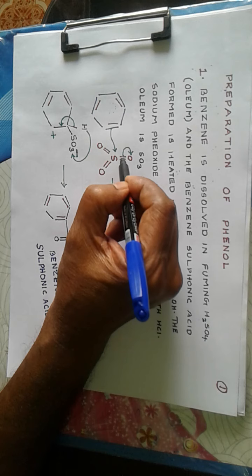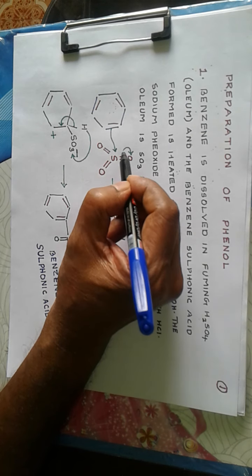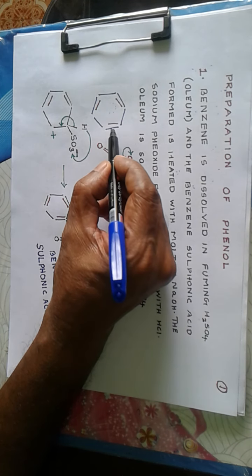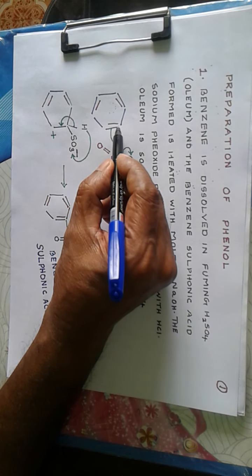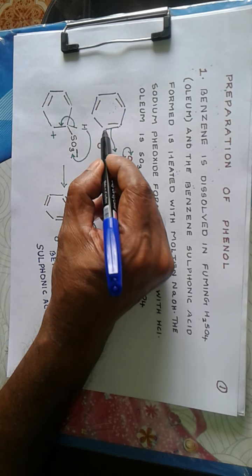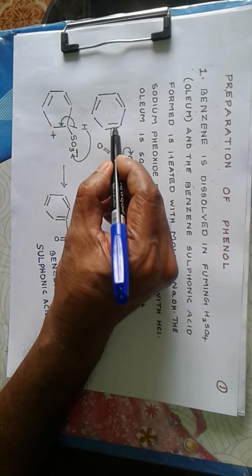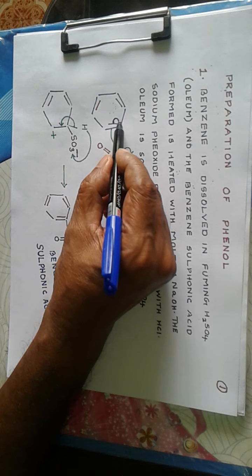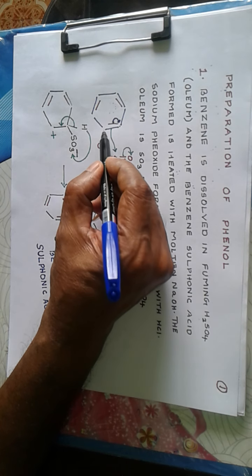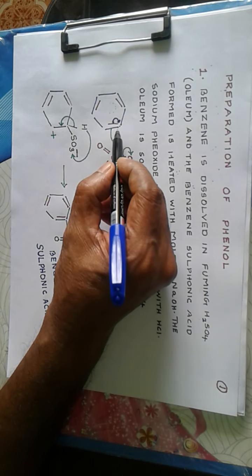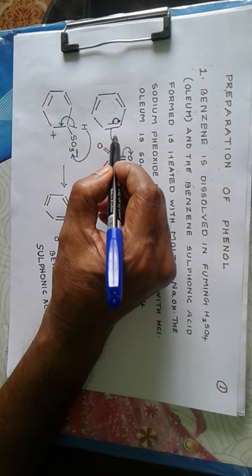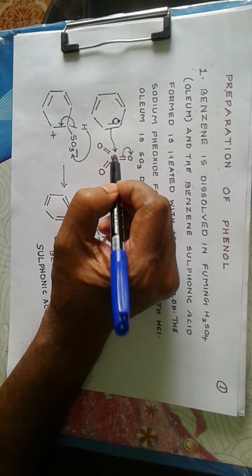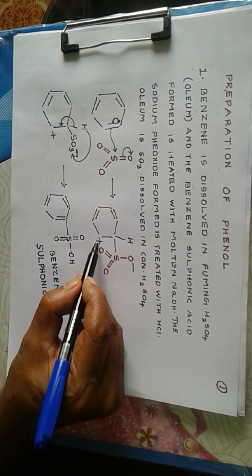Now the SO bond ionizes as S positive and O negative, and this pi bond connects to the sulfur atom through one of the carbon atoms, maybe through this carbon or through this carbon. Now suppose the pi bond ionizes in this direction, and so we get a positive charge here and a negative charge here. So this orbital overlaps with the vacant orbital formed over sulfur. Then we get a bond and a positive charge here.